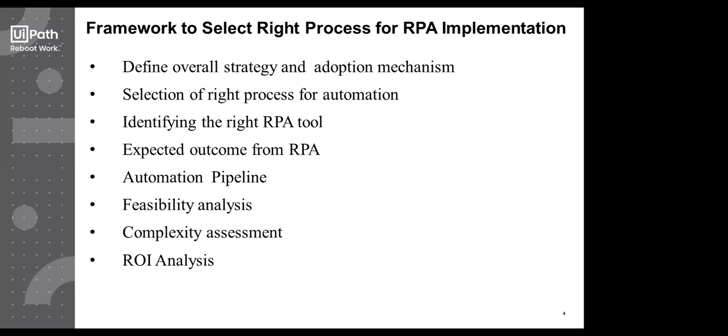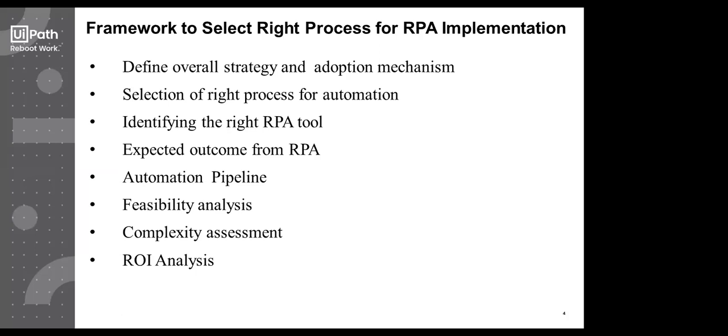If a lot of data download from a browser is involved, that can be automated because it's going to save a lot of time. Report aggregation, monitoring, insights and analytics, playing around with structured data, document understanding, processing of invoices and receipts: all these are a good fit for RPA, and obviously you can pick up processes considering all other factors as well.